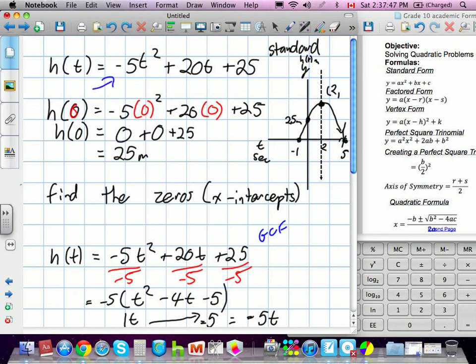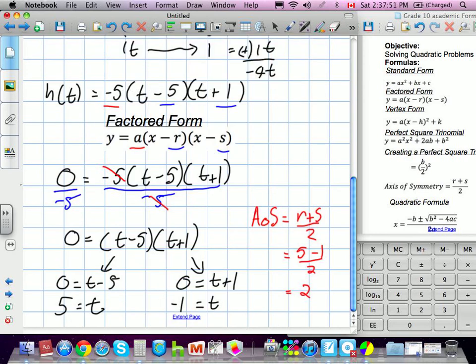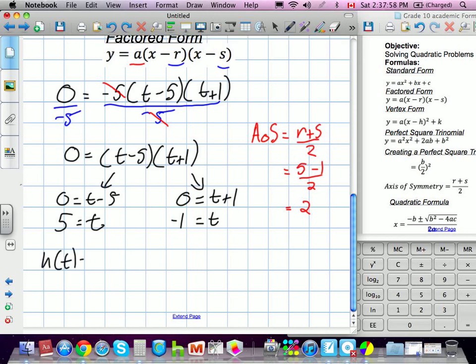But our height, h at t was equal to -5 times t squared plus 20t plus 25. We're trying to find out at 2 seconds, right? Because that's when the ball's going to hit its highest height, what the height's going to be. So we're going to plug in h at 2 seconds.